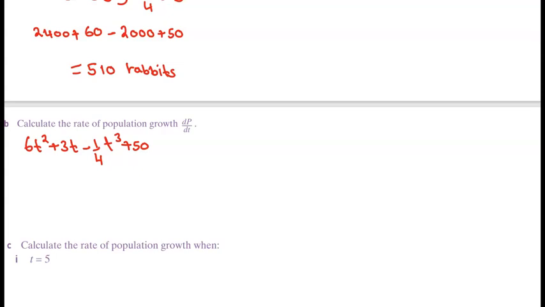So this is going to be, 6 times 2, the rule for differentiating. 6 times 2 is 12t. And then 2 minus 1 becomes 1. Plus, again, this is t power 1. So we're going just to say 1 times 3, which is 3t power 0, once you subtract it. And then minus, 3 times a quarter is 3/4.